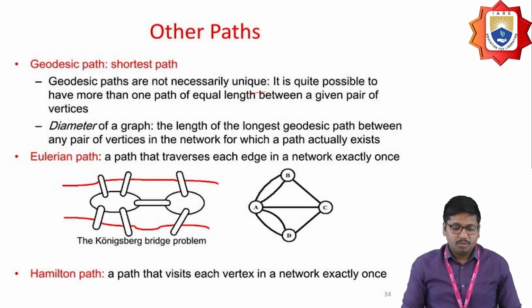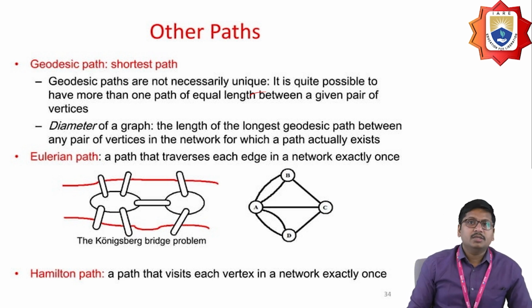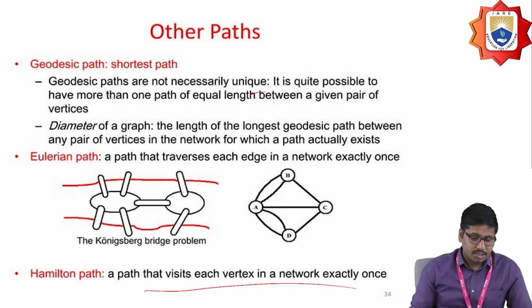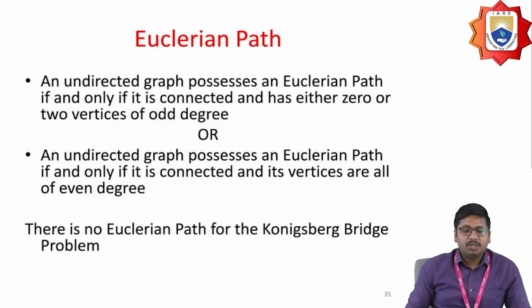So first, the Hamiltonian problem. A Hamiltonian path is a path that visits every vertex exactly once. And next one is Euler's path.